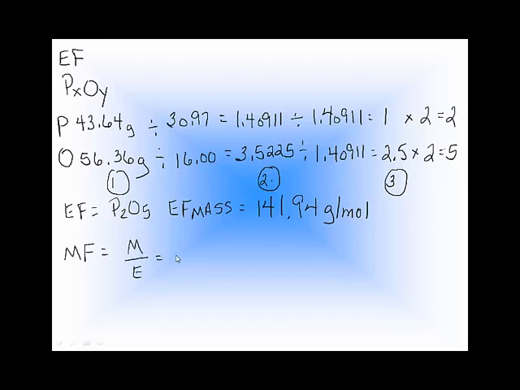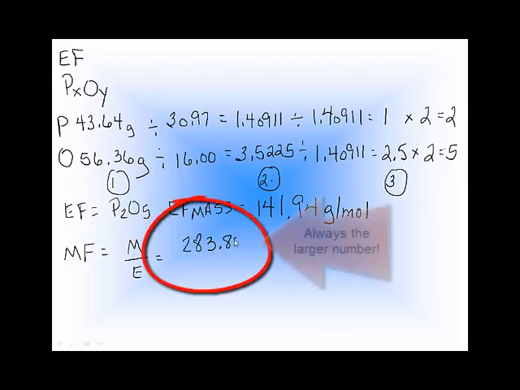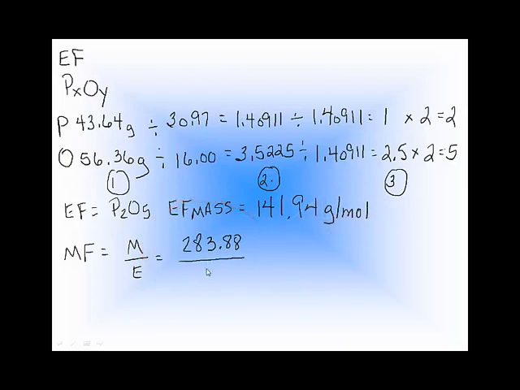It is a ratio of molar or molecular mass to empirical, and the molecular mass is always given to you in the problem. The empirical I just figured out, and this also gives me a ratio of 2 to 1. Therefore my molecular formula is 2 times the empirical, and I get P4O10. So pretty easy.